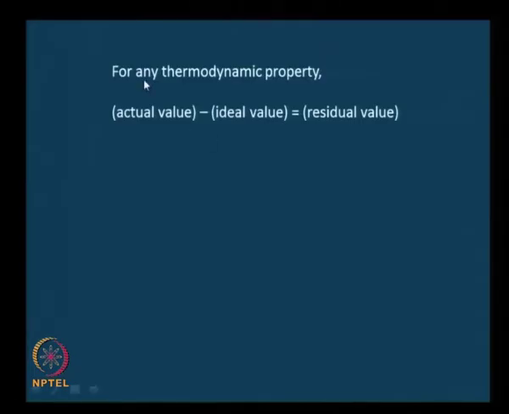Pay a little bit of attention to this. For any thermodynamic property, for the 5 that we are looking at now, or even combinations of thermodynamic properties, the actual value minus the ideal value, the difference between the actual value and the ideal value, is called the residual value.